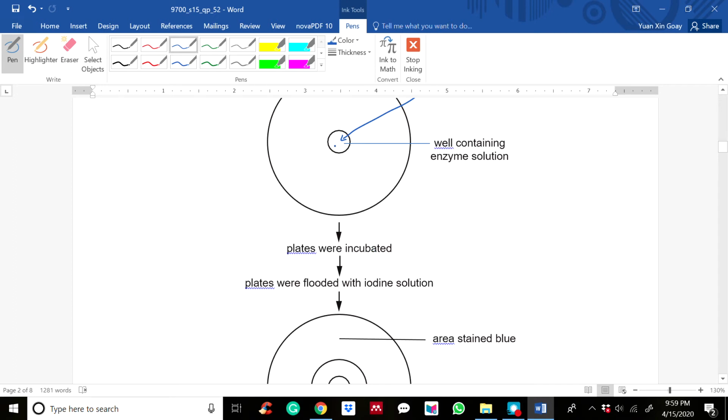Now during incubations, the amylase that is placed in the valve will start to diffuse out into the agar, and they will start these reactions. The function of amylase is to break down starch into glucose. The area where the amylase diffuses out, the starch changes into glucose.